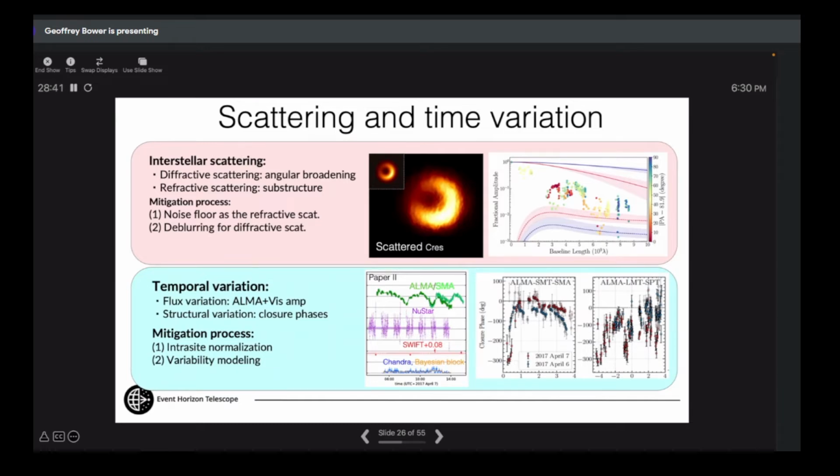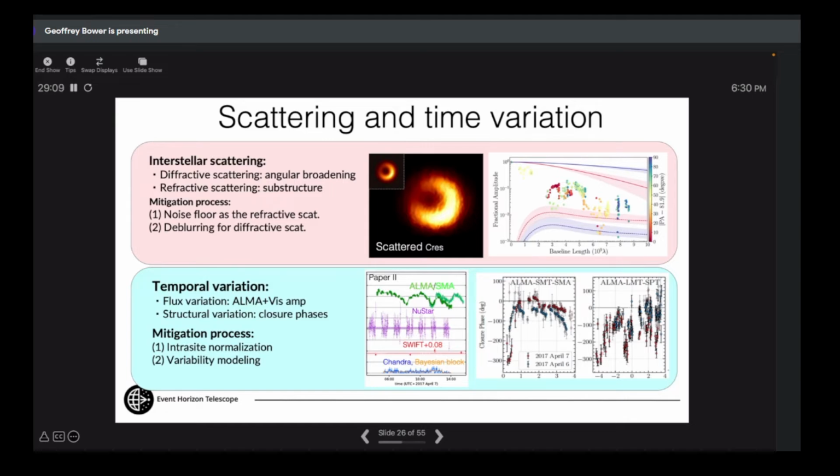And then this is a somewhat technical measure, but it's what we call a closure phase, and it measures something about the structure of the source that's independent of calibration and independent of time. And we can show very consistently between two different days that the structure of the source has to have changed.